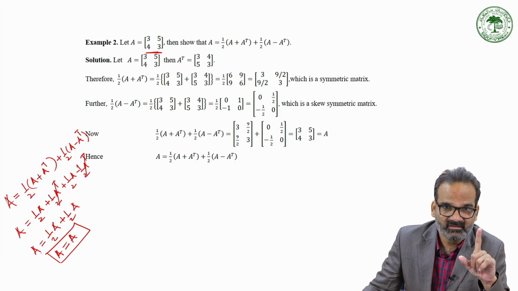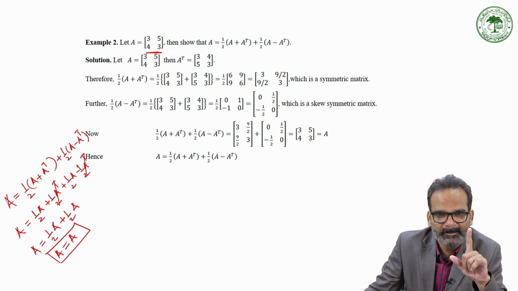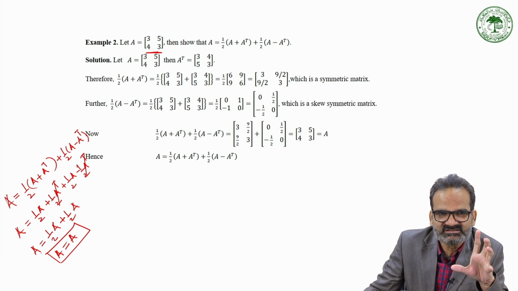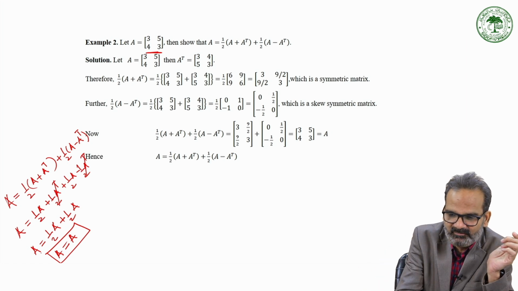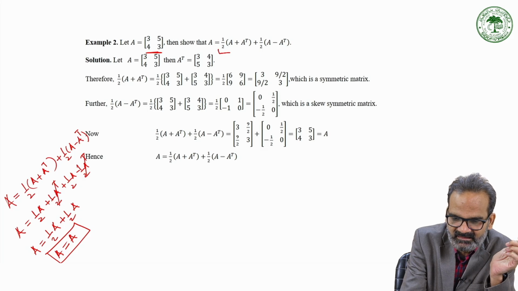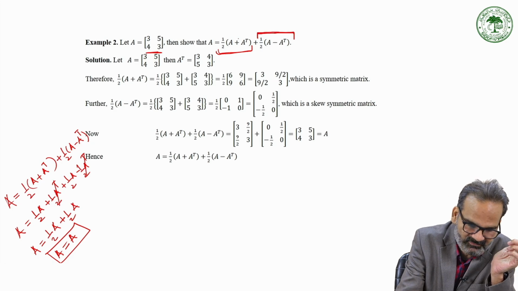This means a square matrix A. Now be careful, I am mentioning this very strictly. A square matrix A can be decomposed into two parts. Part 1 is 1 upon 2 (A plus AT), and part 2 is 1 upon 2 (A minus AT), right?